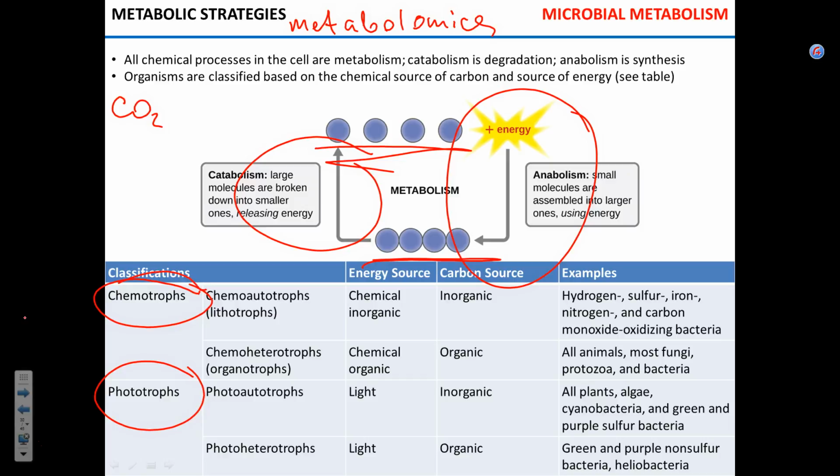Chemotrophs obtain it from chemical sources, like we obtain it from glucose. There are other ways, and we'll discuss them. Then we talk about carbon source. So if carbon comes from organic materials, which can be food, what other sources of organic carbon can you think of?